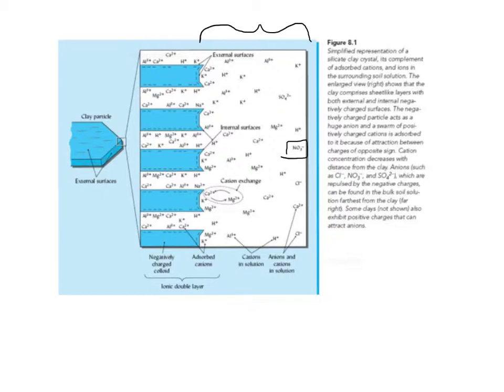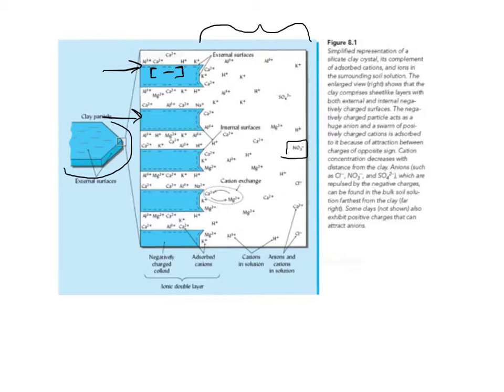Well, it turns out that our clays, so these layers here, and we've seen this before to some extent, this clay particle is composed of layers. We'll discover what's in those layers later on in this chapter. But these particles are actually negatively charged. So there is a negative charge to these particles just within them. You can think about this charge being inside the particle and how it's composed.